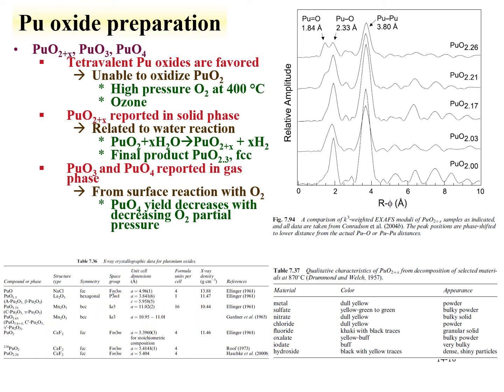There's also a table here showing the characteristics of plutonium dioxide plus x from decomposition of different materials, so the formation from compounds, metals, sulfates, chlorides, etc., and the color and the appearance of the PuO2+x from these compounds.